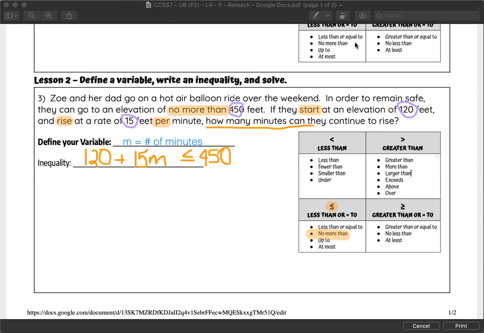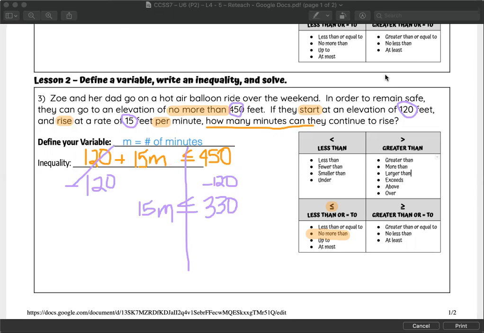Now we have an inequality we can solve. We've got positive 120, so I'm going to subtract 120 from both sides. On the left side, it should cancel. You're left with 15m. Bring down the inequality symbol. 450 minus 120 is 330.